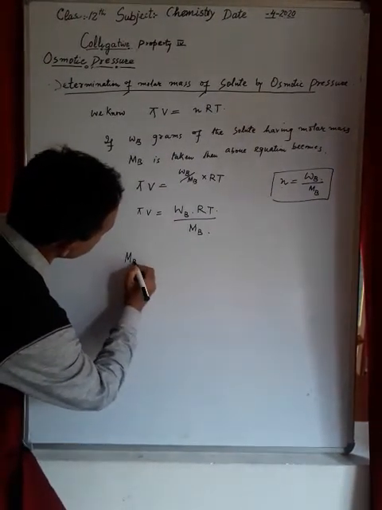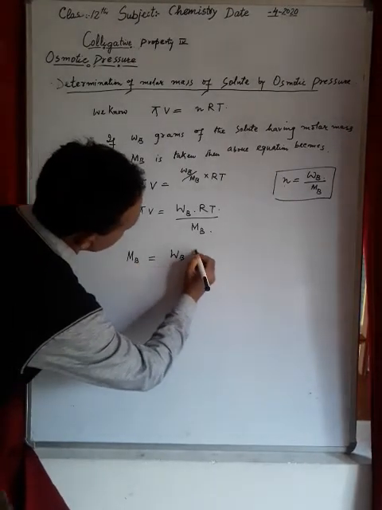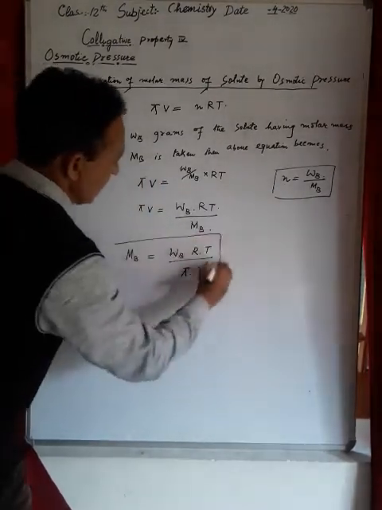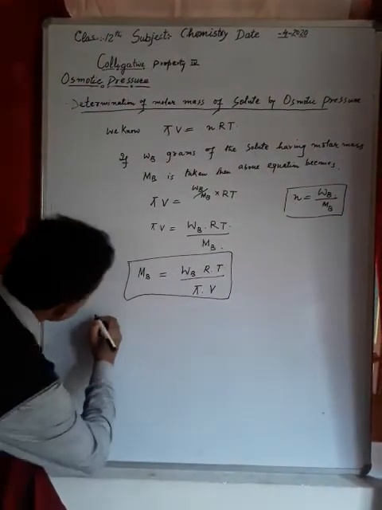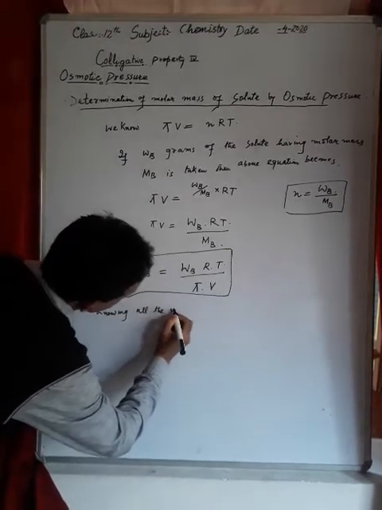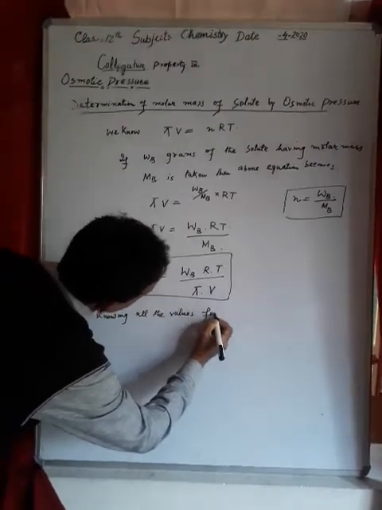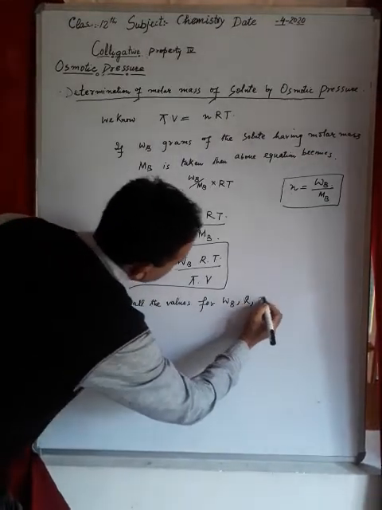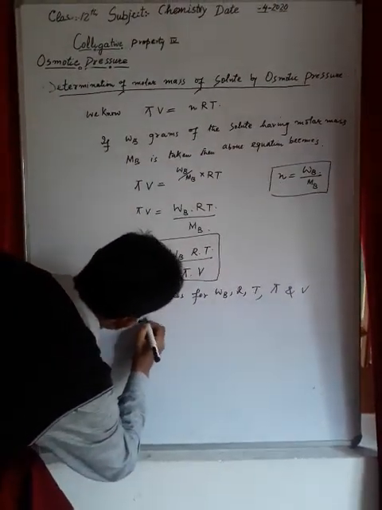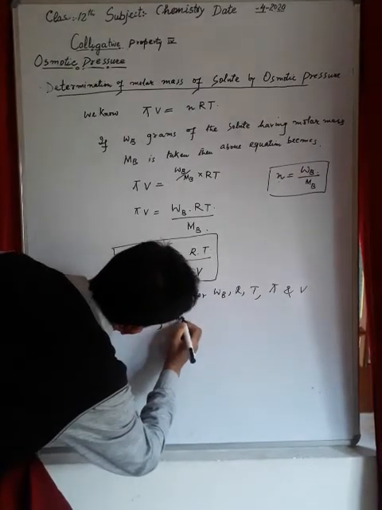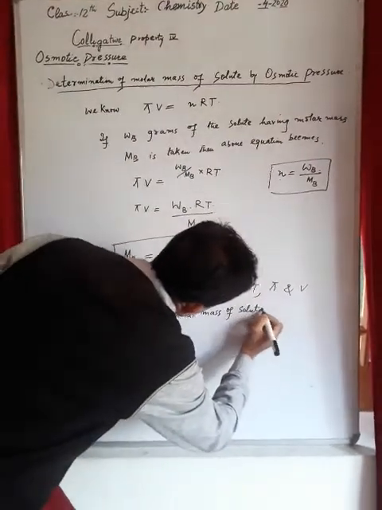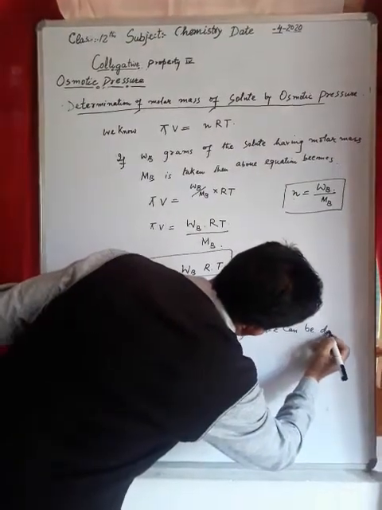So M_B is equal to W_B R T divided by pi into V. Thus knowing all the values for W_B, R, T, pi and V, the value of molar mass of solute can be determined.